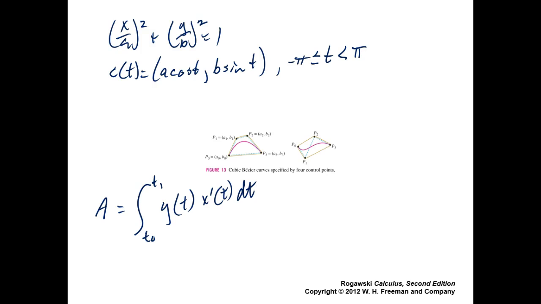Now, let's see how much else they want from there. In example 5, they say plot that for a equal 4, b equal 2.